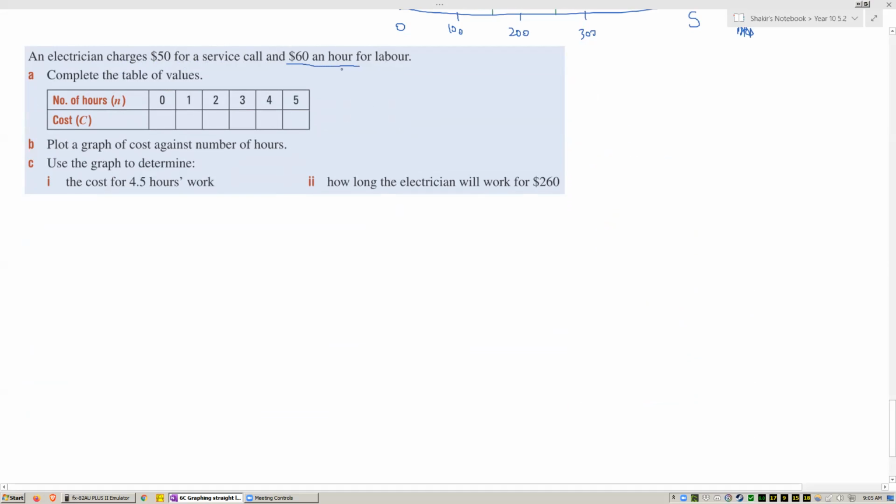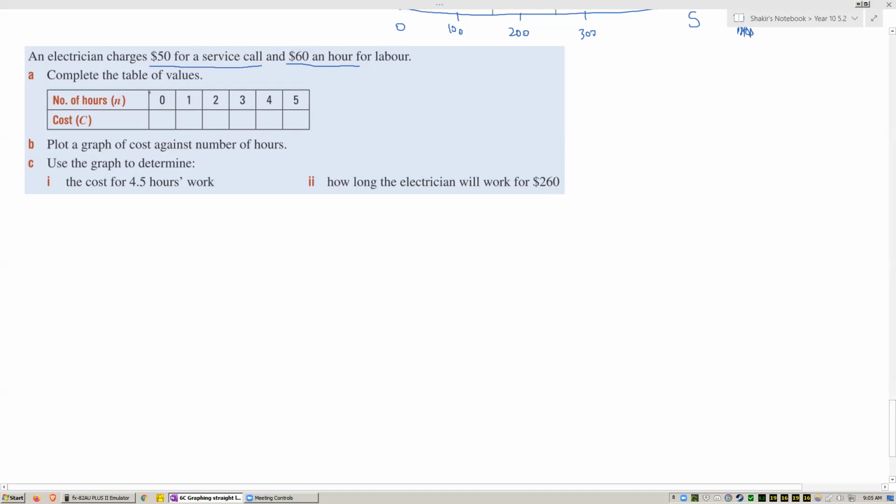Complete the table of values. This time they have not given you an equation, but they have described it. The $60 an hour depends on hours, and $50 is a flat rate. For the electrician to come to your house, he is going to charge you $50 regardless of whether he comes for a minute or an hour or 10 hours. On top of that, you also have to pay $60 per hour that the electrician stays.